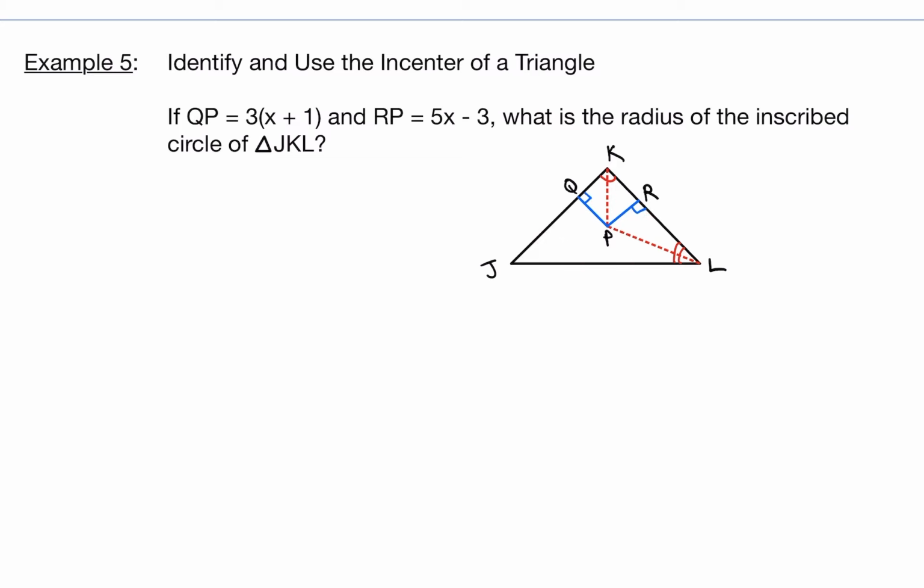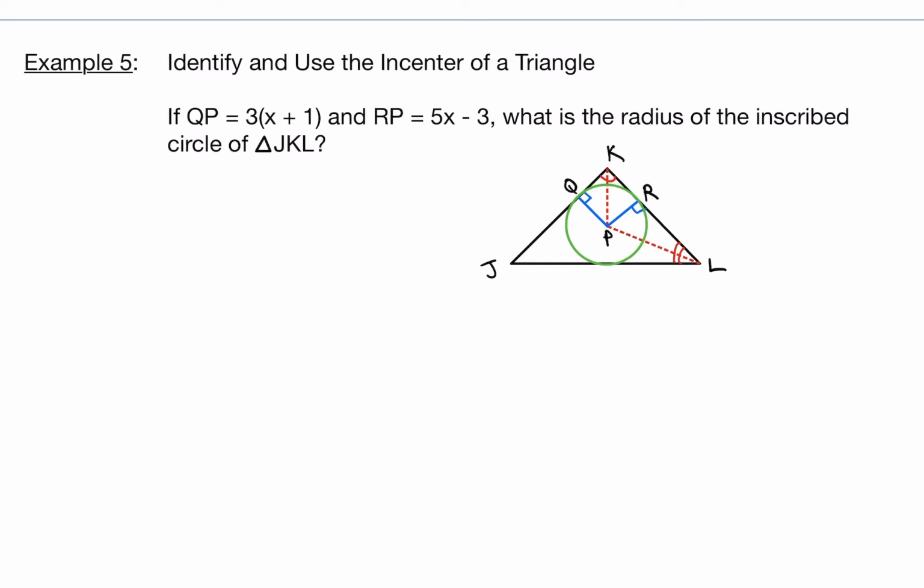Okay, so let me attempt to go ahead and draw that. I'm going to do this in green. Here's the inscribed circle. Okay. And so the question is, what is the radius of the inscribed circle? Okay.